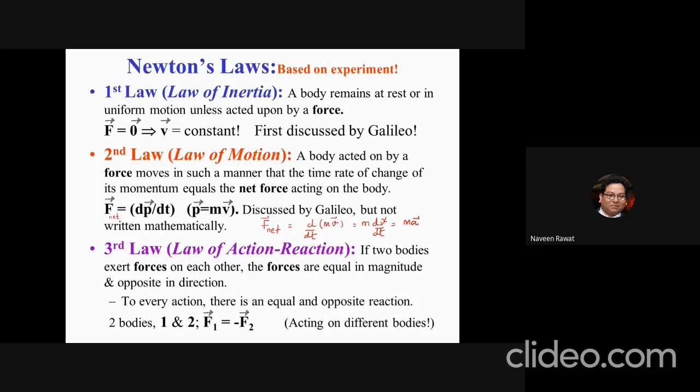So F is equal to ma, the common form it is represented as. If the net force is 0 and the object has some mass, then obviously the acceleration has to be 0, which means the velocity is not changing. So again, very close to the first law. If there is no change in velocity, then this term is 0 and the net force is 0.